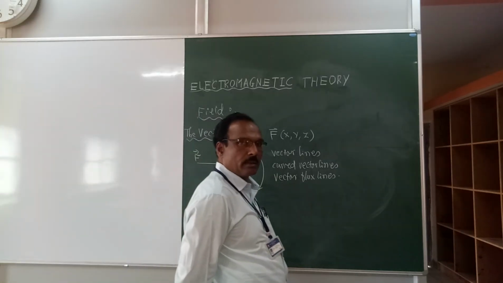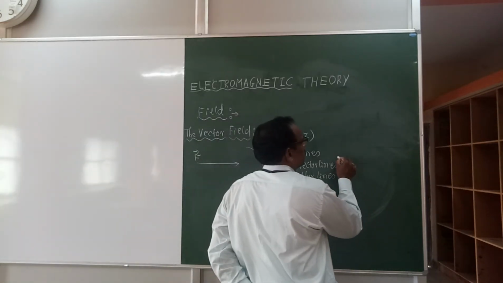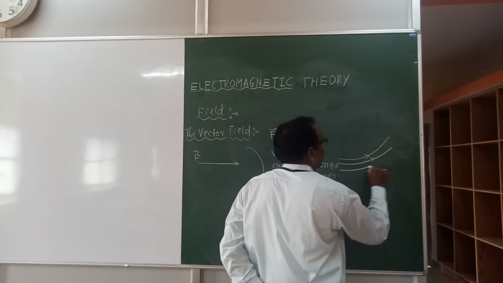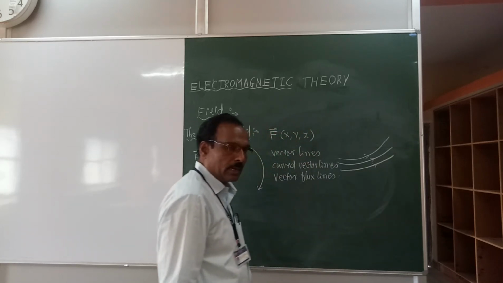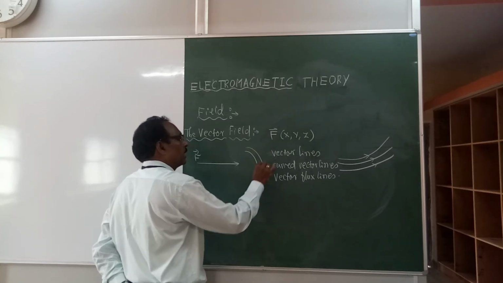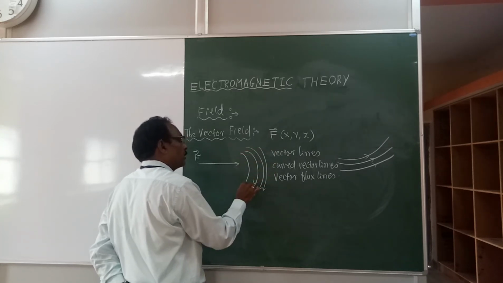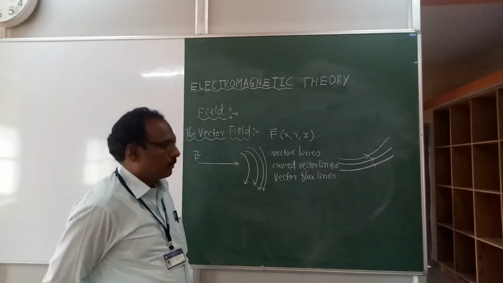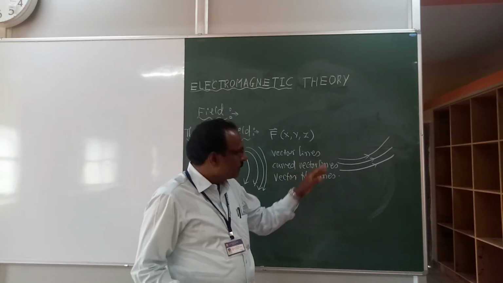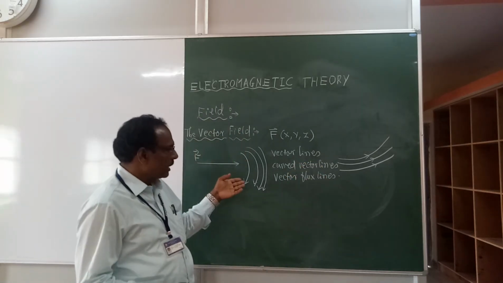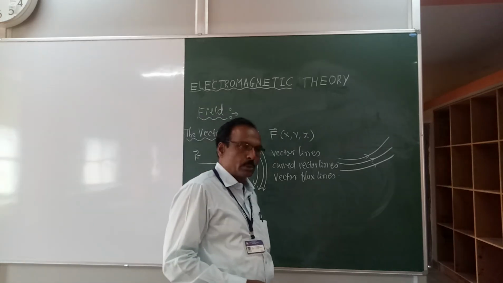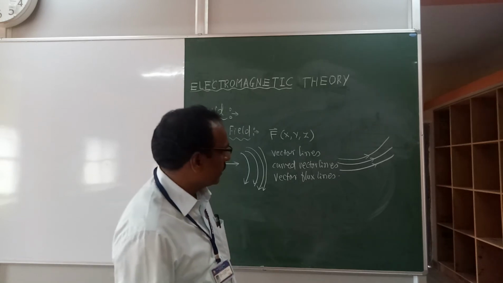I want to represent a magnetic field. Here, these are the magnetic lines of force. We draw them. I want to represent an electric field, so we draw the lines of force, electric lines of force. We have studied lines of force, their characteristics and importance, either in PUC first year or second year, under electrostatics or the magnetic effect of electric current.